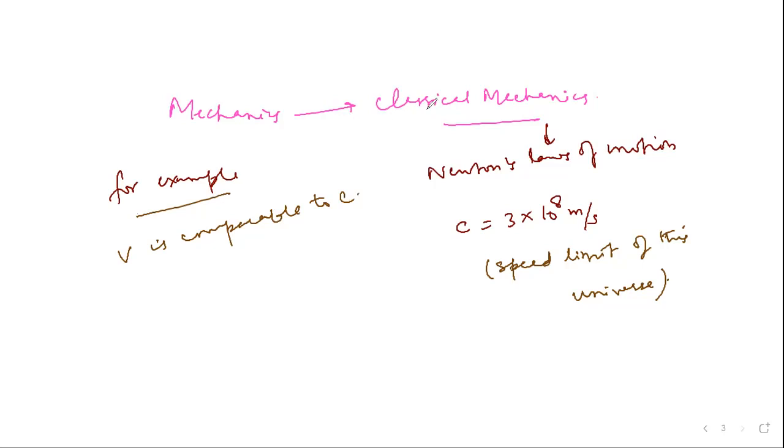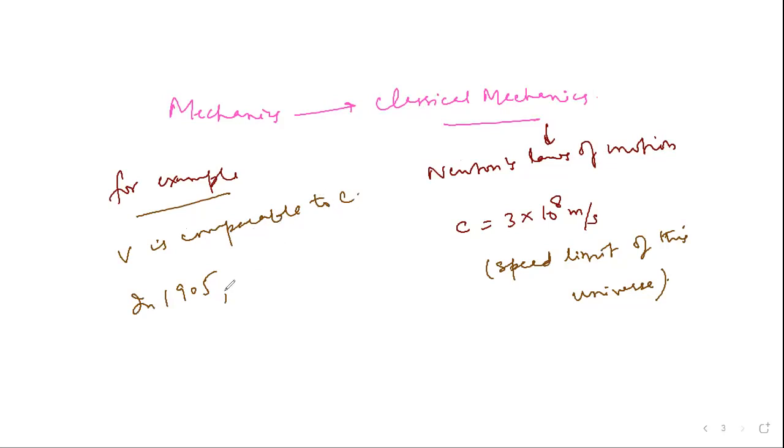So we have another mechanics. Albert Einstein in 1905 extended Newton's laws of motion, extended classical mechanics to these situations also, where the velocity of the body is comparable to the speed of light in vacuum, right?